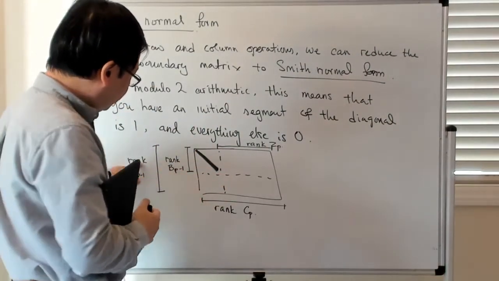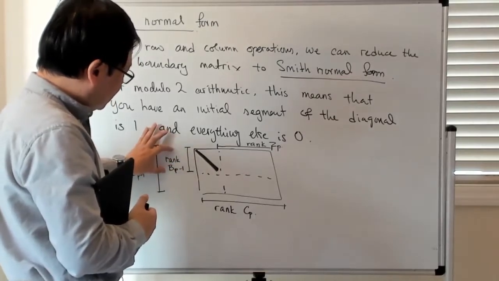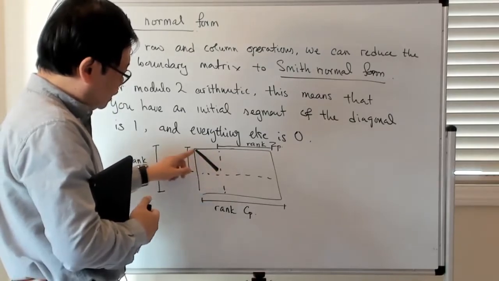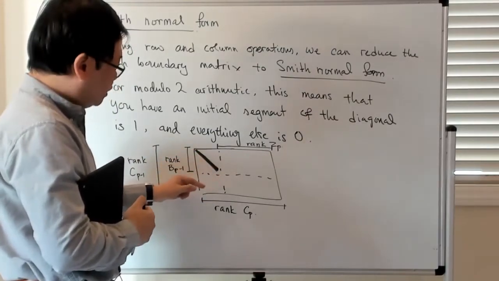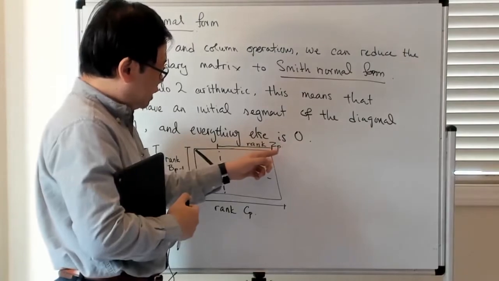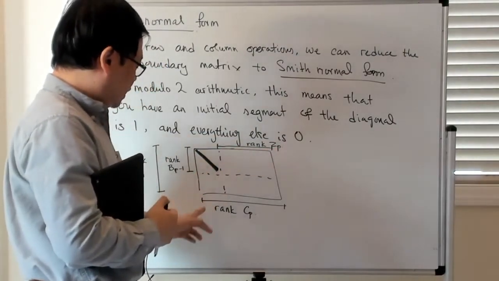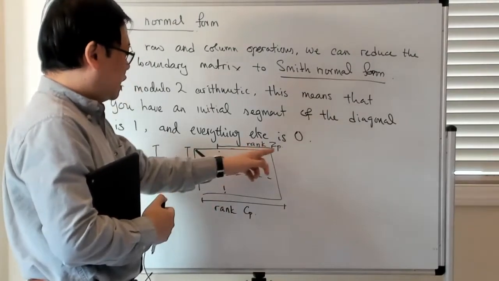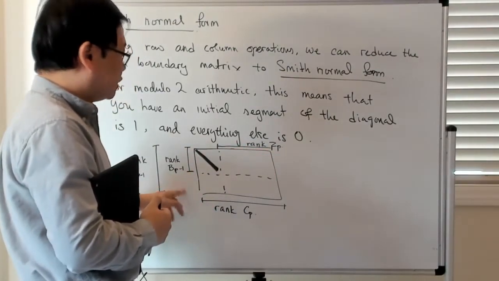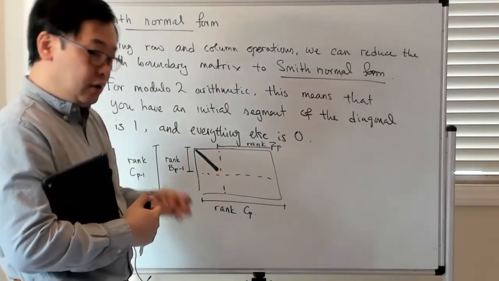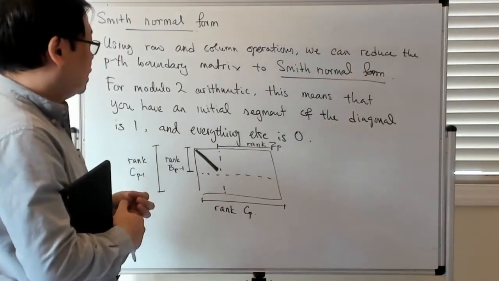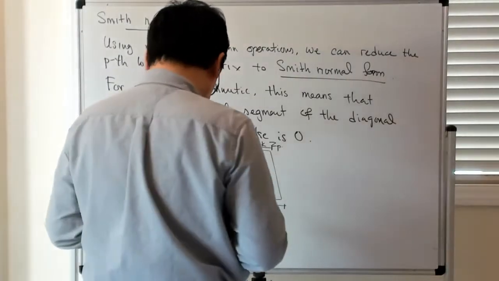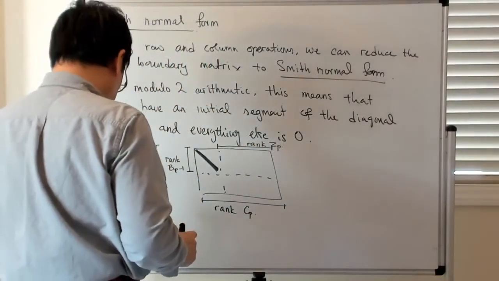So you can get this rank B_{P-1} from the number of 1s here. And you can also get the rank of Z_P by taking the rank of C_P and subtracting off the number of 1s, right? So now you know the rank of Z_P, you know the rank of B_{P-1}, and obviously that's all you need in order to compute the Betti numbers, right? So that's exactly the situation you have.